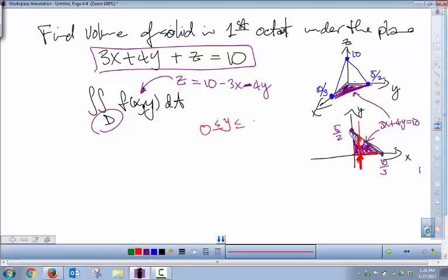And it looks like I will exit my region on this line, so I need to solve for y. Okay? So that's my inner limits.